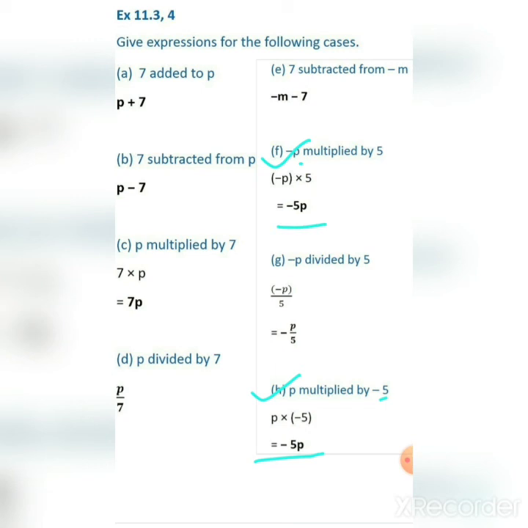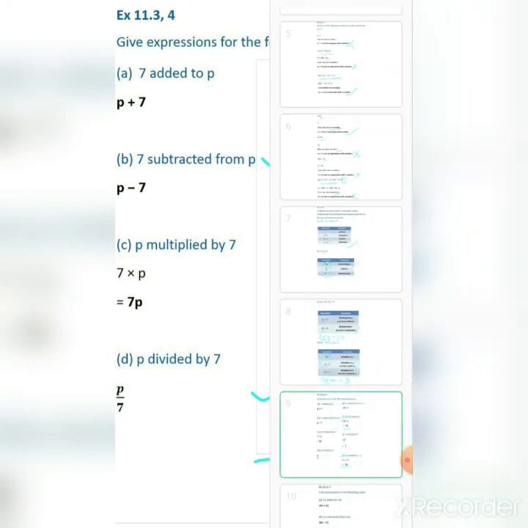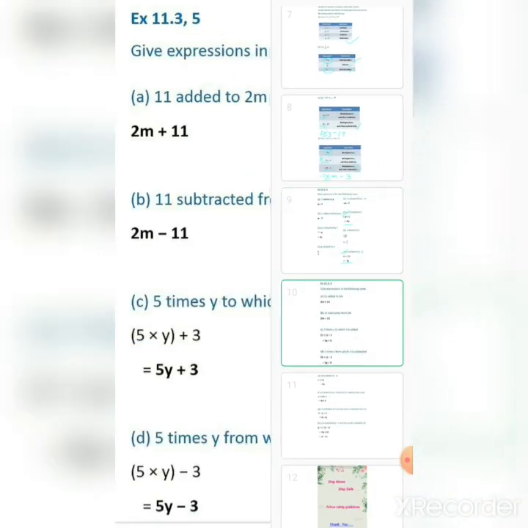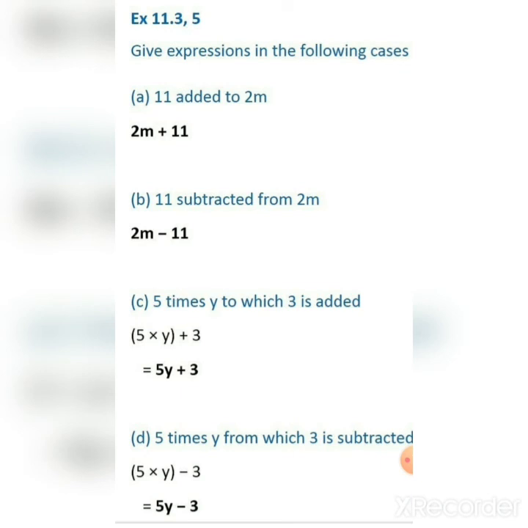Okay. Now moving to the last question, because the sixth one we have already done. So the last question of this exercise is the fifth one. Give expression in the following cases.